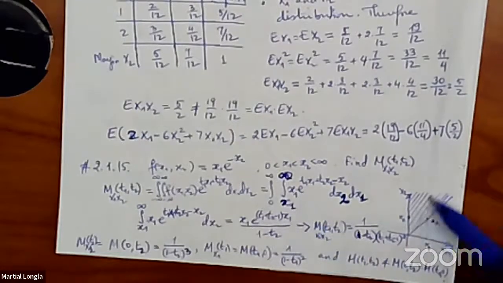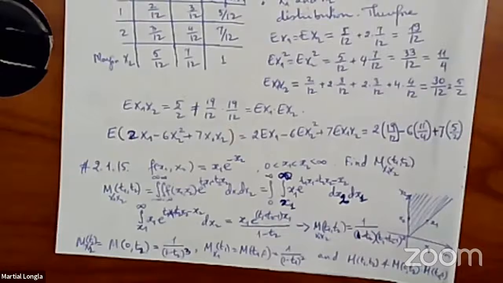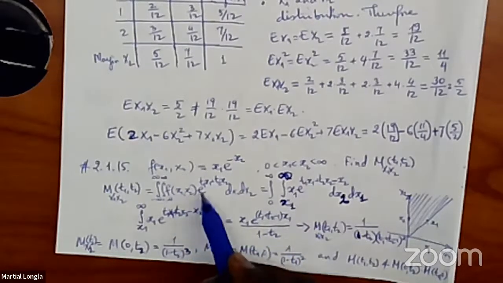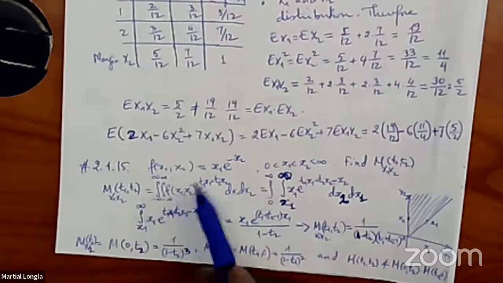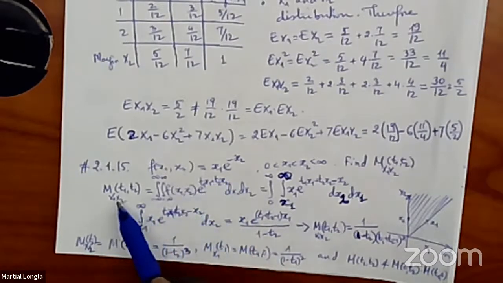So it's in that region that the random variable has a non-zero distribution. So I want to integrate dx2 dx1, the density times e to the t1 x1 plus t2 x2, because that is the definition of the moment generating function.